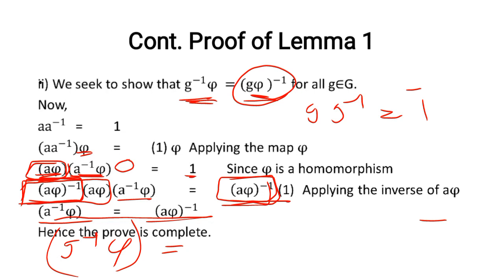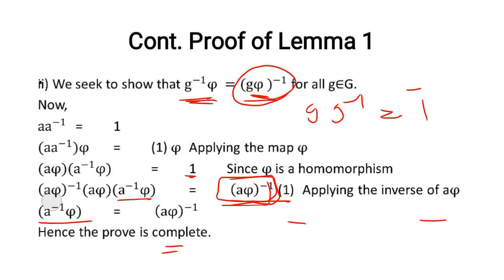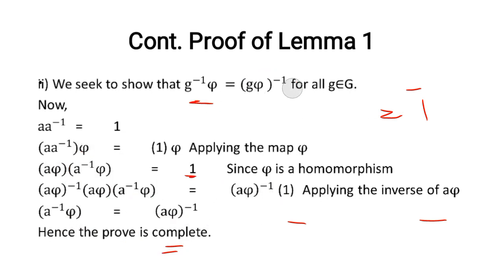And this is same as G phi inverse, which is our final answer. So with that we complete the proof for our very first example, or first theorem or lemma in this video. Let's move forward now.